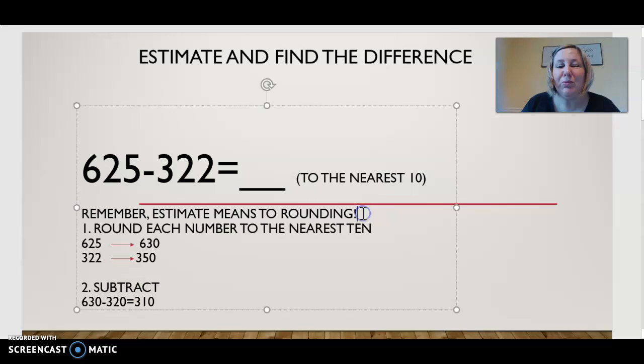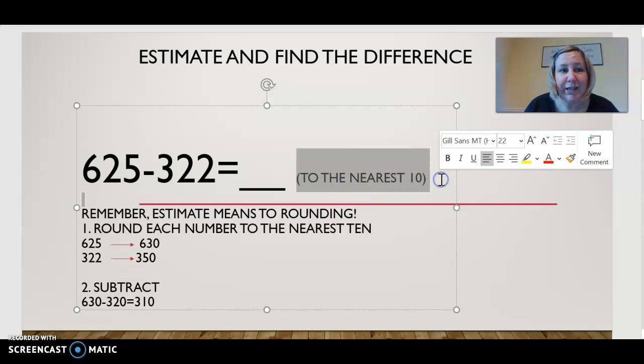Boys and girls, remember when you hear that word estimate or about, what does that tell you to do? That's right, it means to round. So you are going to round each number to the nearest 10. And I know you have to do to the nearest 10 because it says to the nearest 10 right here.